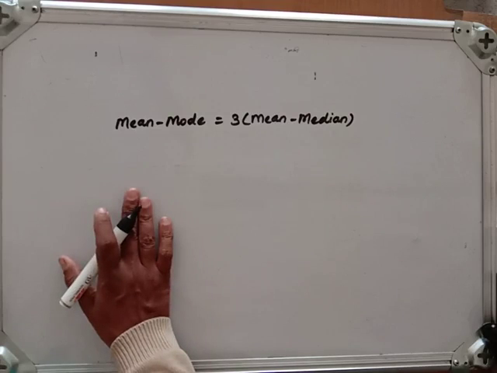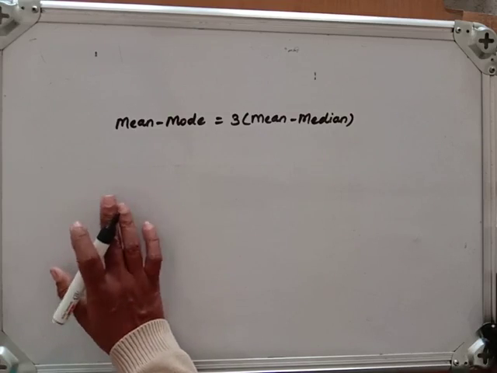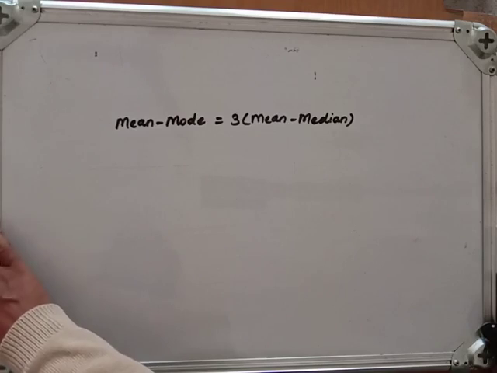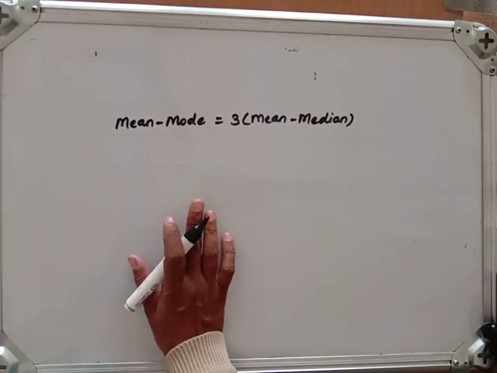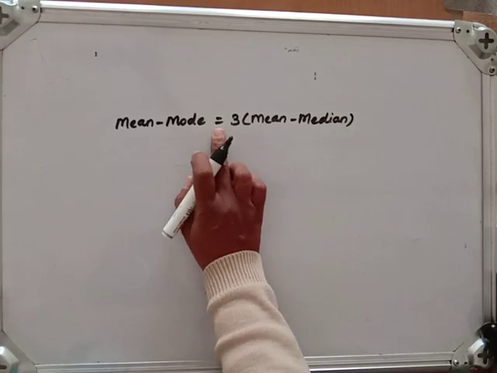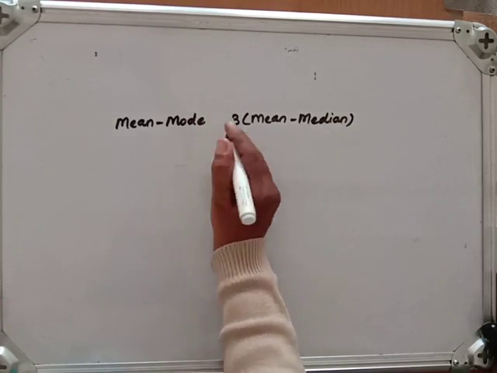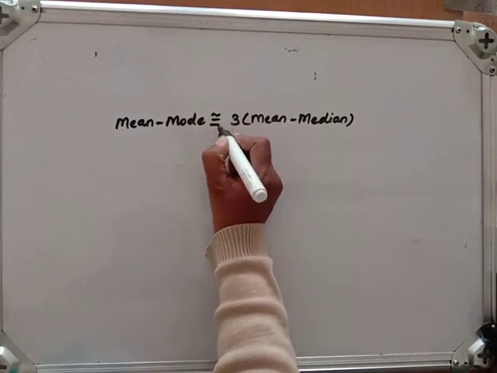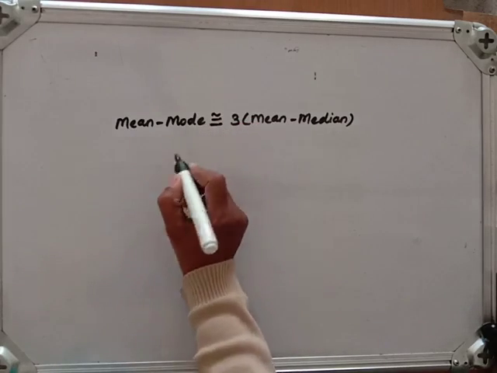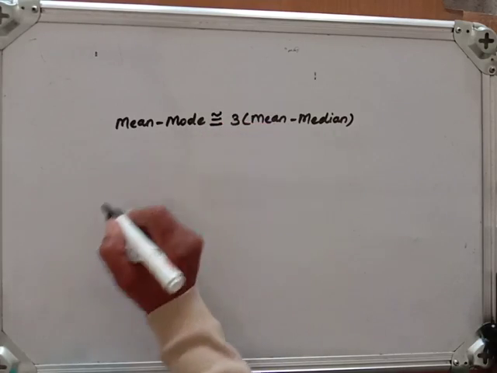For a moderately skewed unimodal distribution, this empirical relation is given by Karl Pearson. Here the equality doesn't hold exactly; it is approximately equal.